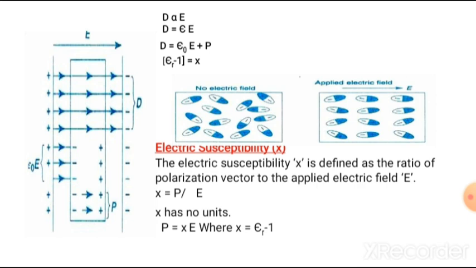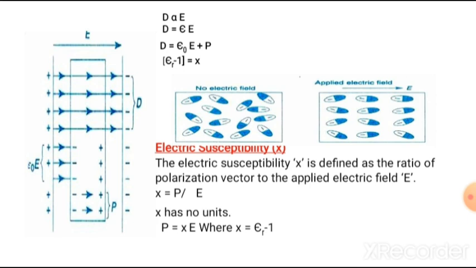What is meant by electric susceptibility? The electric susceptibility Xi is defined as the ratio of the polarization vector to the applied electric field. Xi is equal to P by E, where P is the polarization vector and E is the applied electric field. Xi has no units. P is equal to Xi into E, where Xi equals epsilon r minus 1.